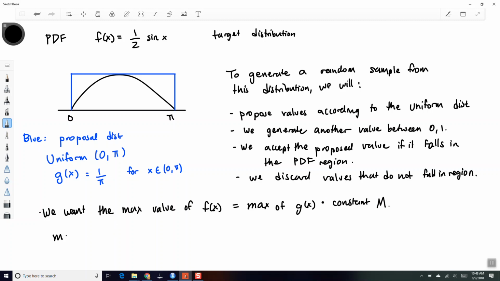Okay, so the max of f of x is 1/2. The max of g of x is 1/pi. Okay, so what do we have to do? We have to do 1/2 is going to equal 1/pi times some constant m. So what is the value of m?